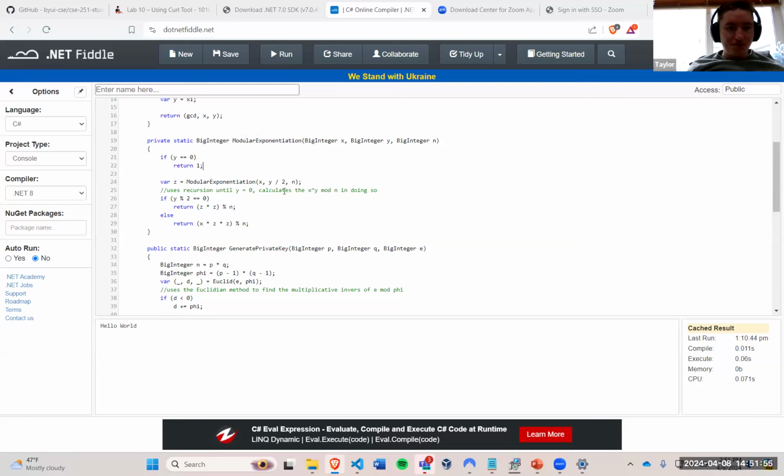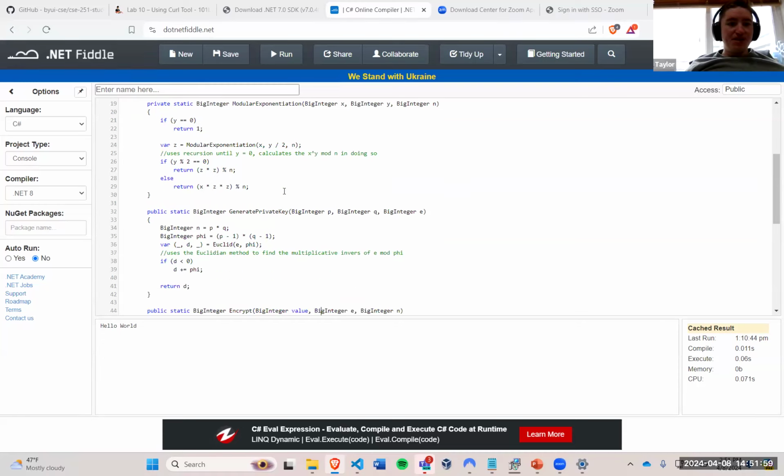The generate private key method, what we have down here, and this is what I was going to talk about later, is just n equals p times q. So once those two prime numbers, p and q, once it determines that those are, well, they should be prime numbers if I remember right. n equals p times q.